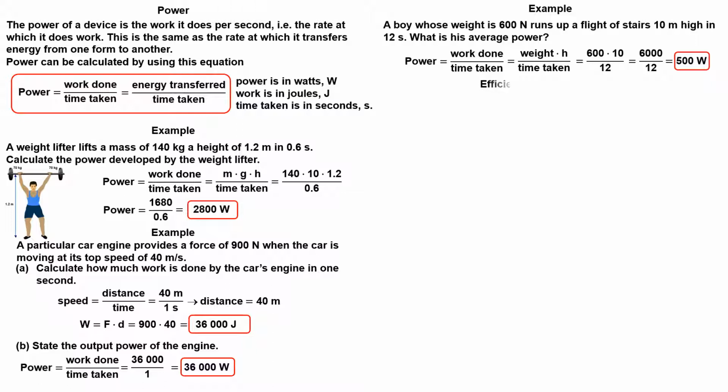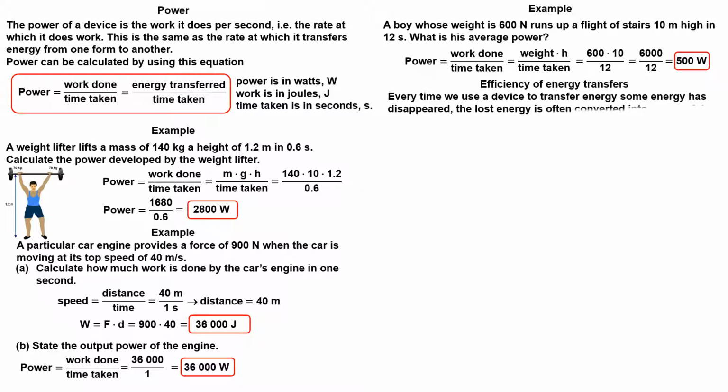Efficiency of energy transfers. Every time we use a device to transfer energy, some energy disappears. The lost energy is often converted into non-useful energy, such as heat and sound energy.